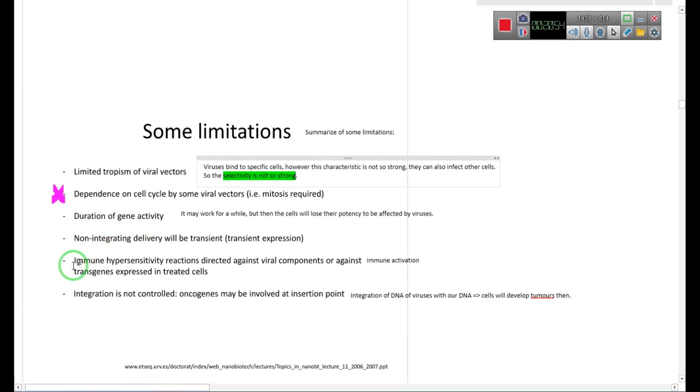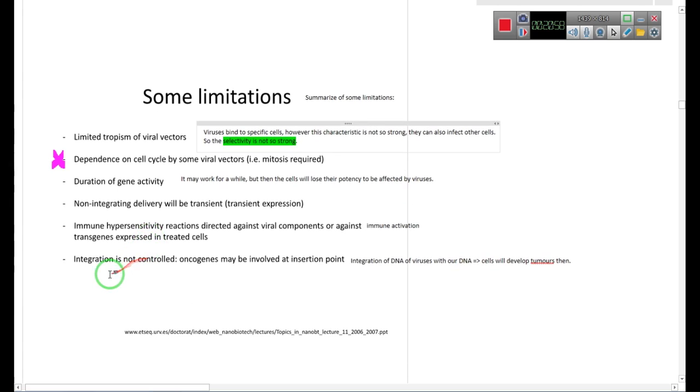Also, we mentioned the immune response of the body, and the last one, integration is not controlled.